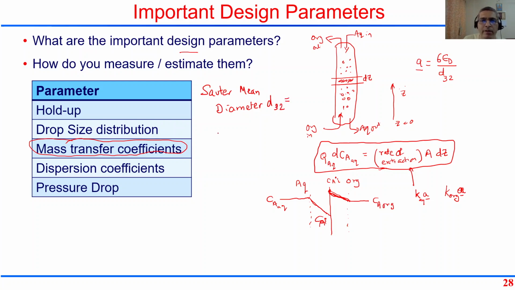Suppose I have a bunch of drops, each one of different size, right? Then this is the summation of all the drop diameters cubed divided by the summation of all the drop diameters squared. So that means the numerator is like the volume and the denominator is like the surface area of all these drops put together.